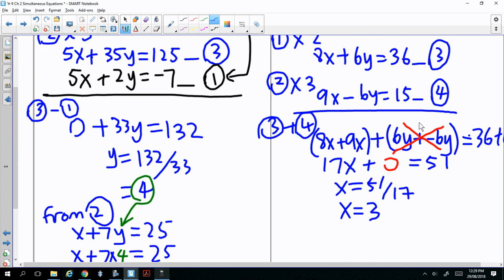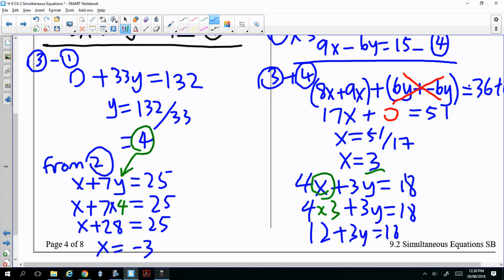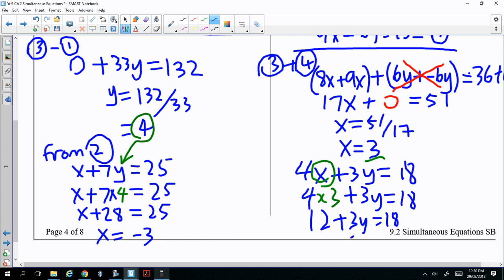Now x is 3, so you replace x by 3. 12 plus 3y equal to 18. So we subtract both sides by 12, which is 3y equal to 6. So y equals 2. So the answer is x is 3 and y equal to 2.